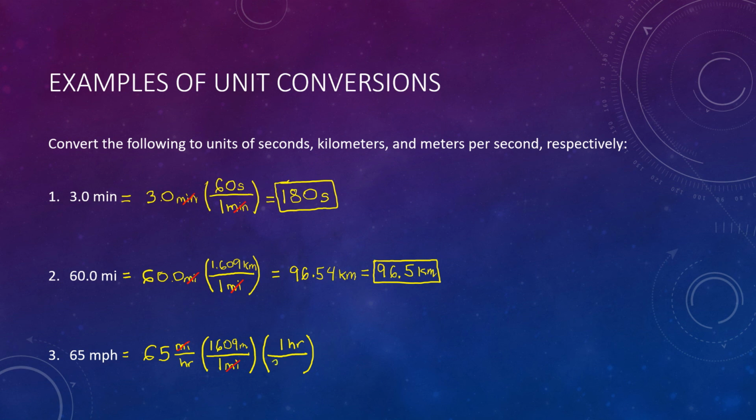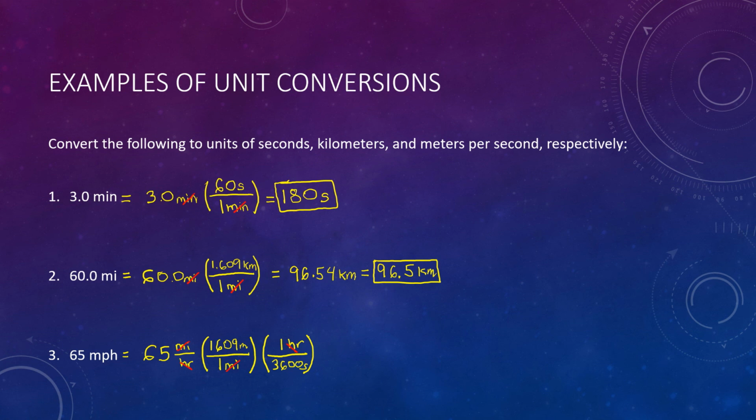So that gives us 3,600 seconds in every hour. So we cancel out our original unit of hours, and now look at what remains. We have meters and seconds. Indeed, that's what the problem asked for, meters per second.